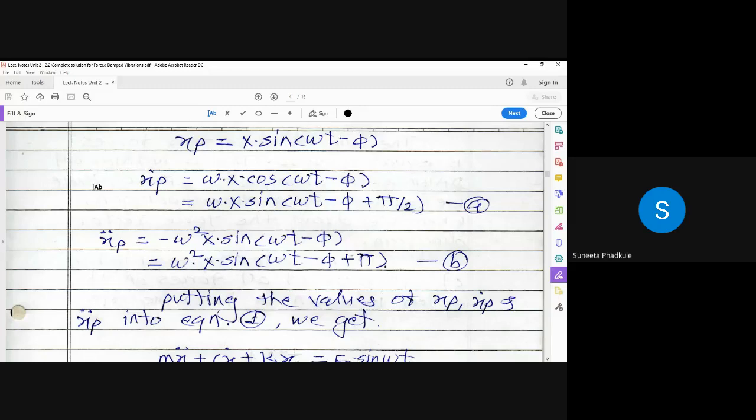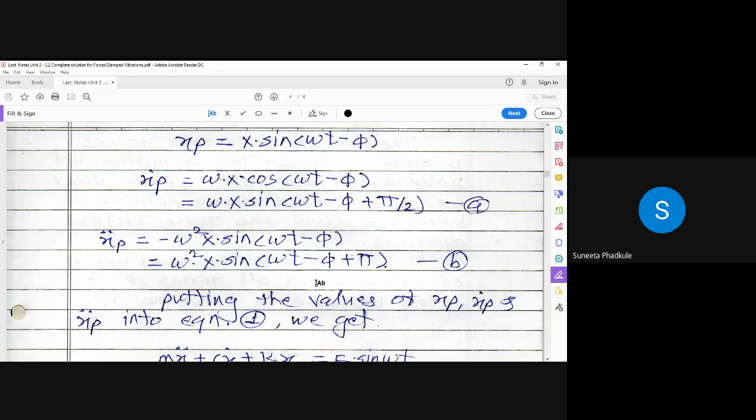All angles are positive in the first quadrant, in the second quadrant sine is positive, in the third quadrant cos is positive. I want to take the third quadrant because your angle is plus pi, so this will be somewhere in the third quadrant. So when I write sine of omega t minus phi as sine of omega t minus phi plus pi, it will be negative. Negative and negative will get cancelled, and it will be a positive sign. So xp double dot is equal to omega square X sine of omega t minus phi plus pi.